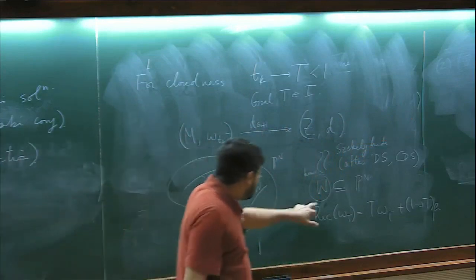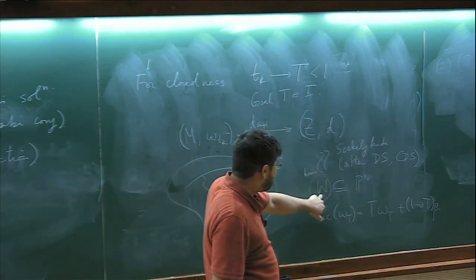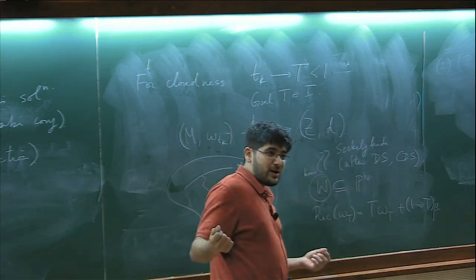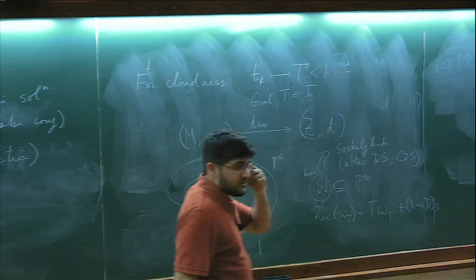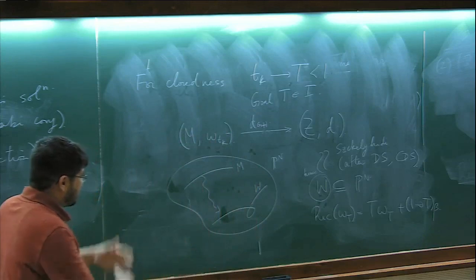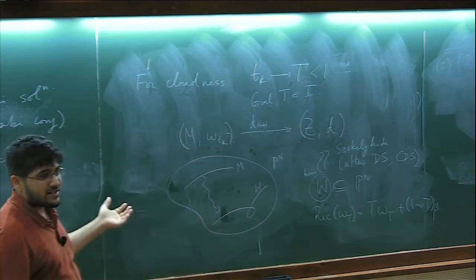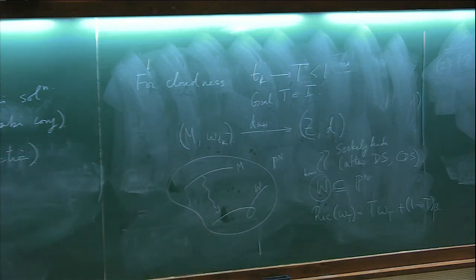So K-stability will imply that W has to be biholomorphic to M. That means M also has to have a metric omega t which satisfies such an equation. So we have a solution at time t. And then at t equals 1, the argument is slightly different. Okay, so that's how one uses these projective embeddings and K-stability. All right, so maybe I'll finish here. Thanks.